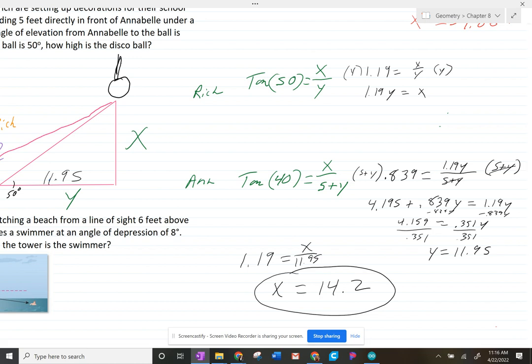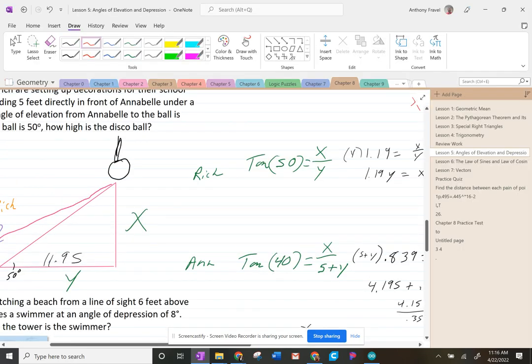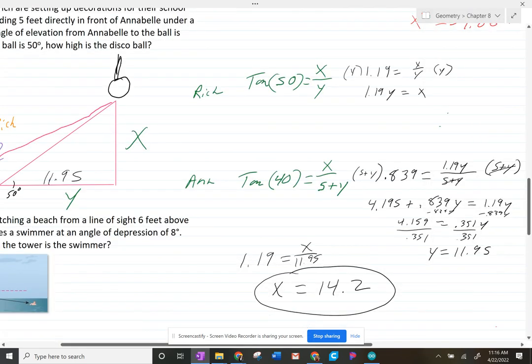Oh, right here. I took 5 times this, and this times this. I distributed the stuff in the parentheses here. So when I did those numbers, good question, I took this part and I distributed, and I took this part and I distributed.